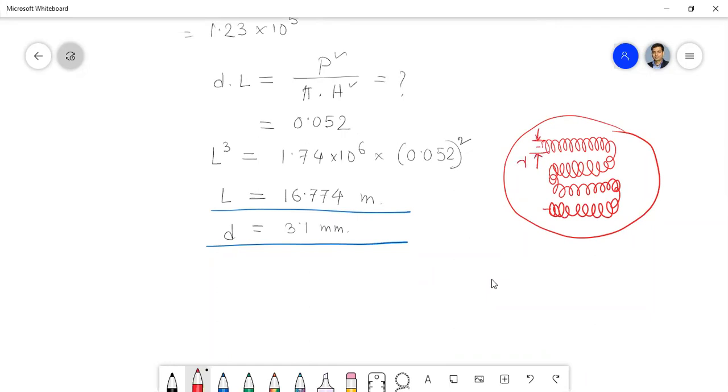This you can take, capital D, is almost 5 times the value you have already determined, and that will give you around 15.5 mm. Isn't it? Clear?